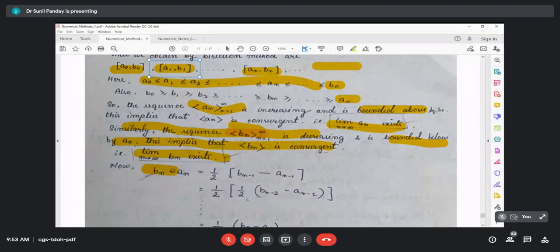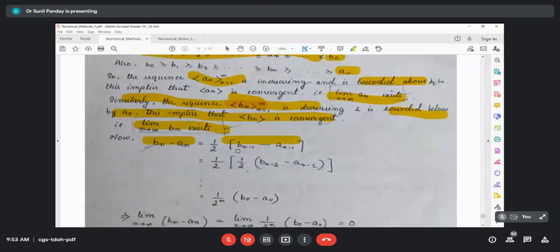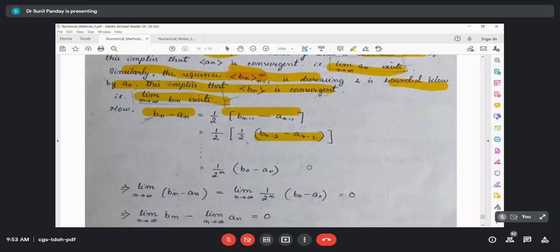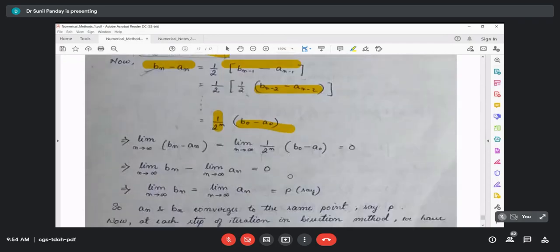Similarly this is true for any interval in the middle of the sequence. [a_n, b_n] is the interval, its length is b_n minus a_n, and it is exactly half of the previous interval [a_(n-1), b_(n-1)]. Then we apply this recursively, because that one is also exactly half of the one before, and finally we have (1/2^n)(b0 minus a0).